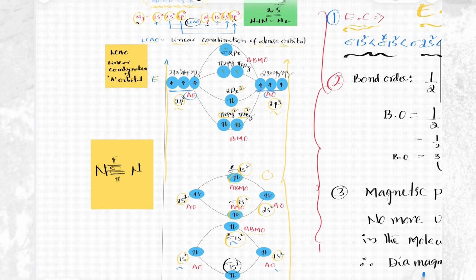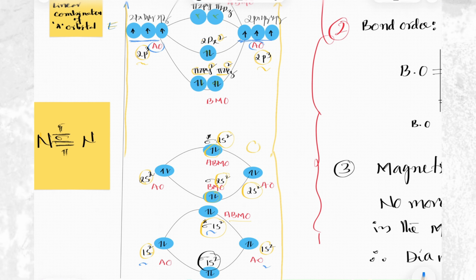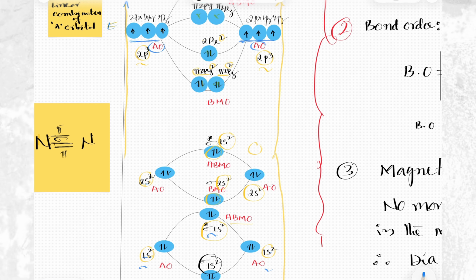Actually we have the electronic configuration of the atom 1s2, 2s2, 2p3. This is the atom. But what is a molecule? Molecule means the middle one.